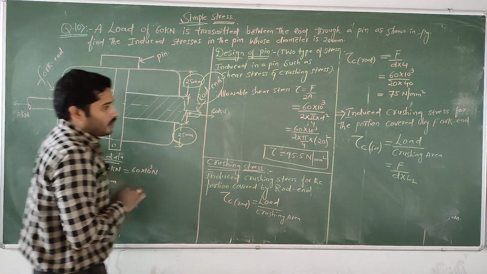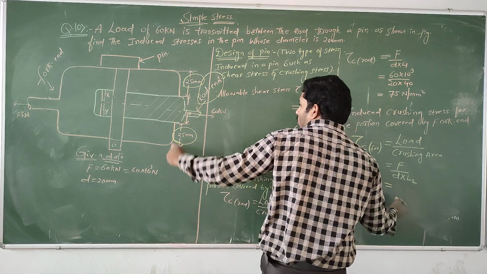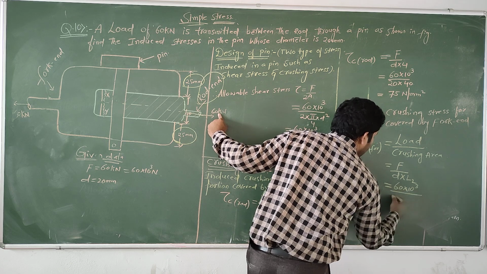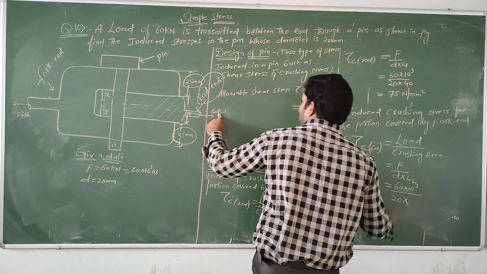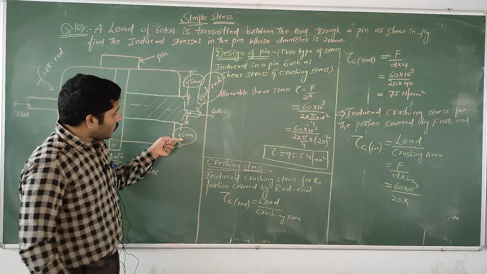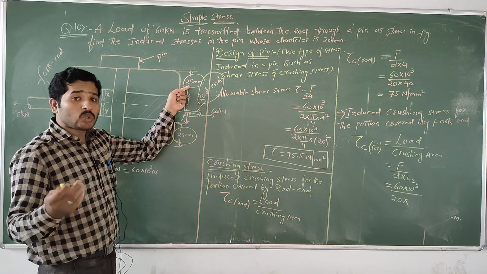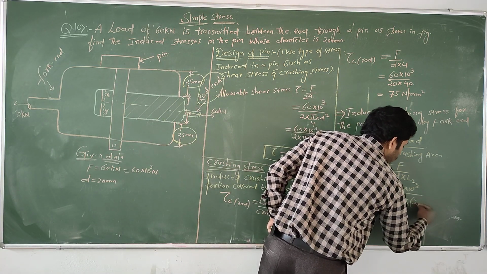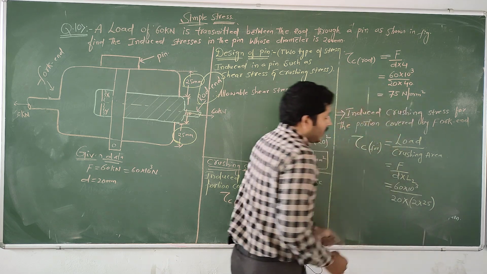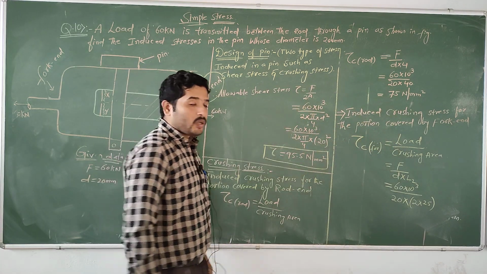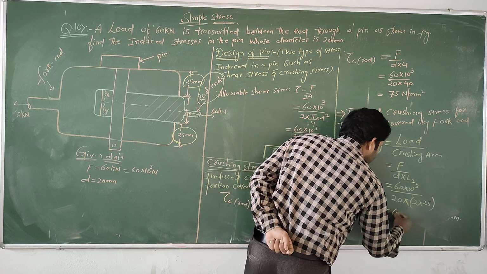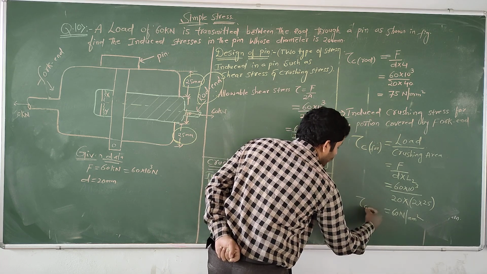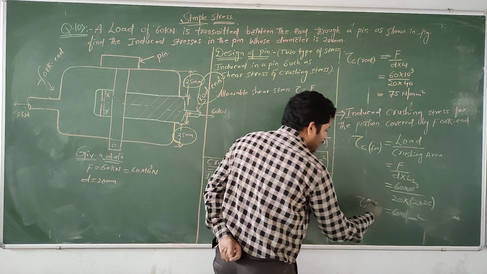Force is 60 into 10 power of 3. Diameter is 20 into length 25 into 25, you can present as 2 into 25. If you divide by the calculator, then you will get the answer 60 Newton per mm square. That is the value of crushing stress for the portion covered by the fork end.